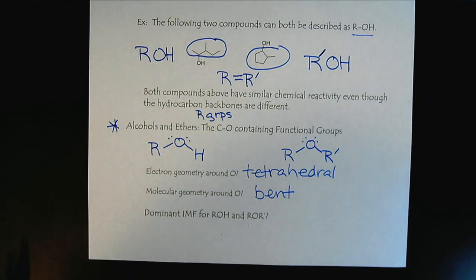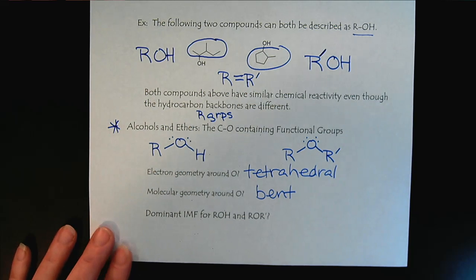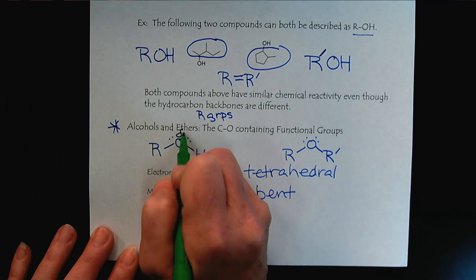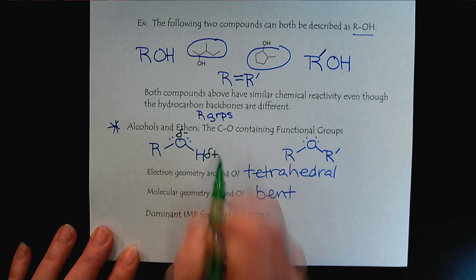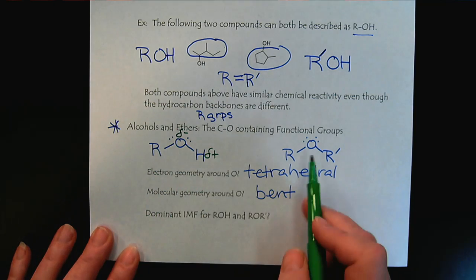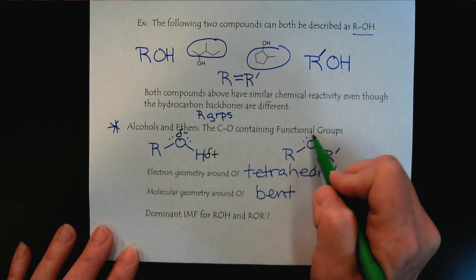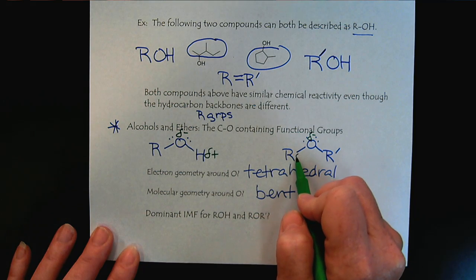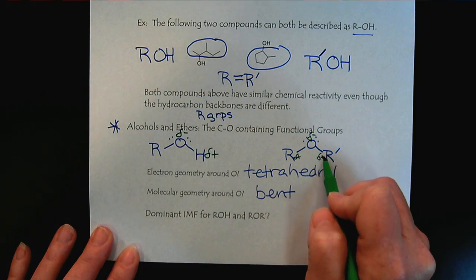Now let's look at the polarity and the electrostatics, looking at our intermolecular forces. When we look at the hydroxy group, the alcohol group, we recognize a very polar bond with the OH, and then we would see slight polarity with the ether, a small partial minus on the oxygen, tugging ever so gently on those carbons.